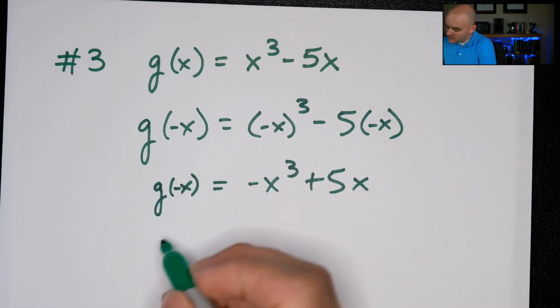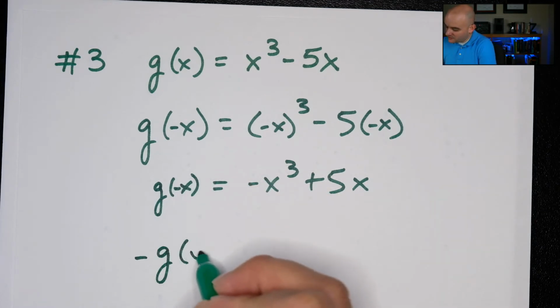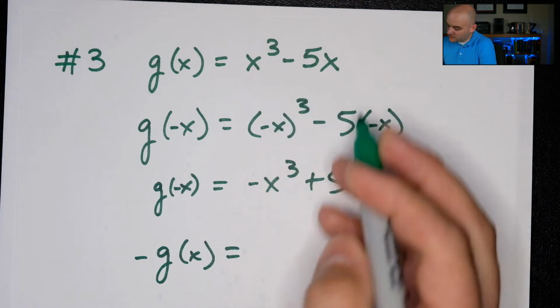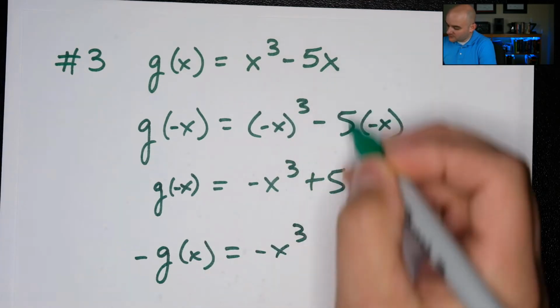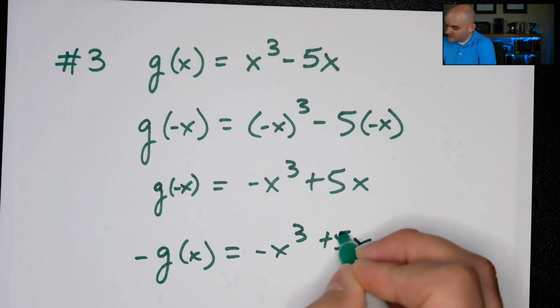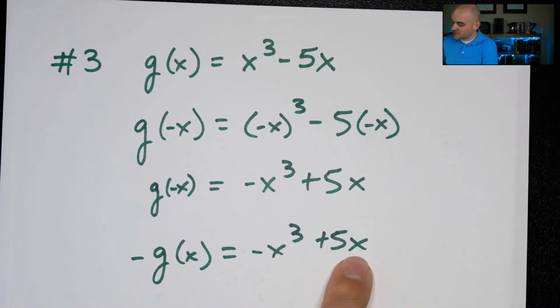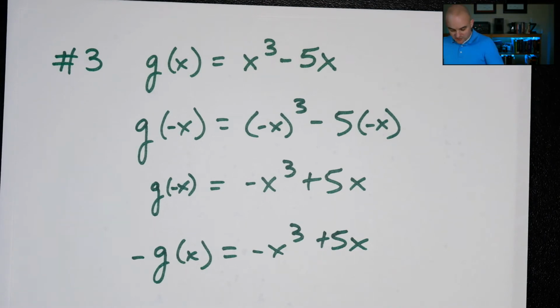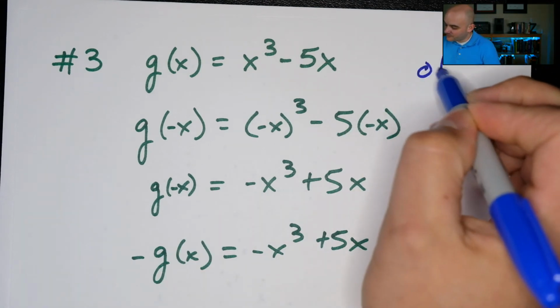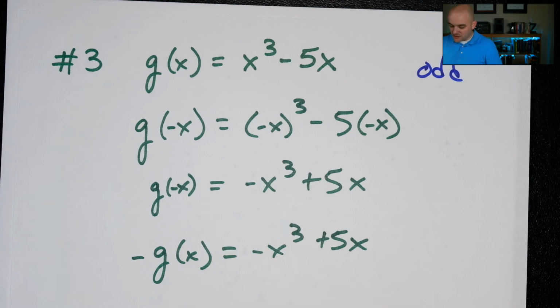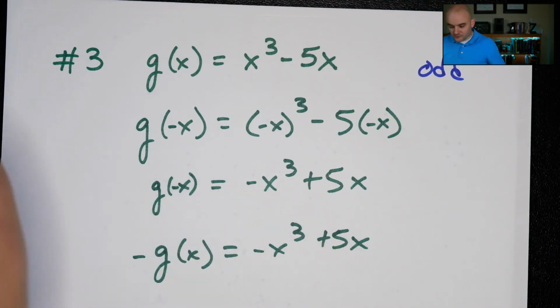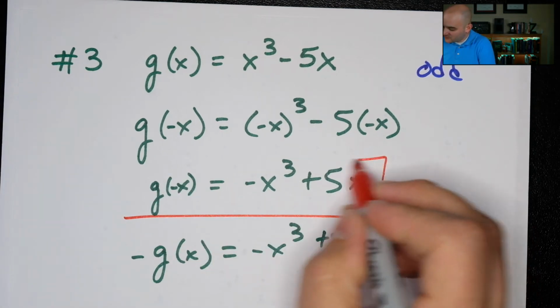And then if I take the negative g of x, I multiply each term by negative, and the negative g of x gives me this right here. Now, we said that this function was odd. And because I'm showing my work here, just so I can see things a little bit better, let me just highlight these.